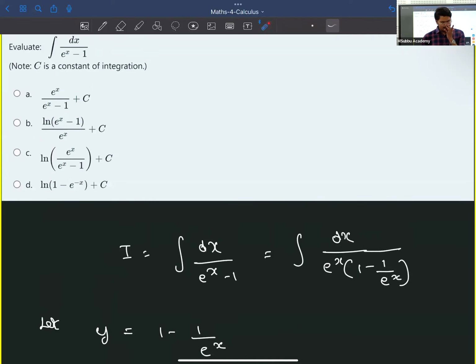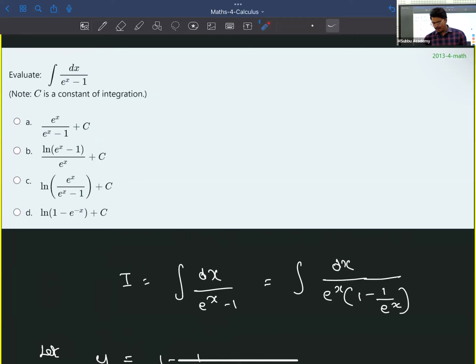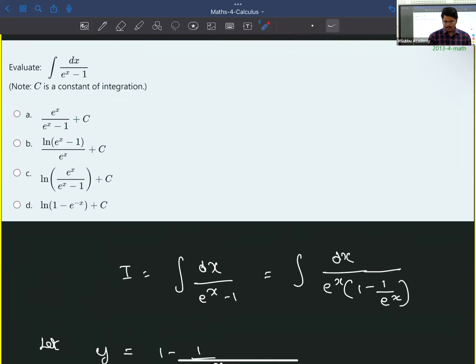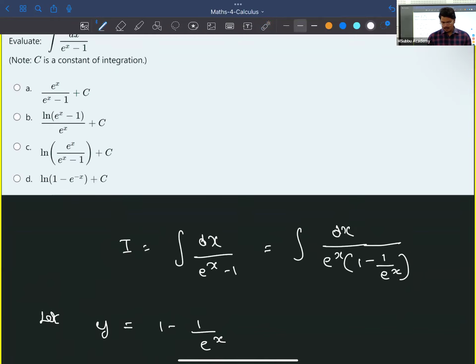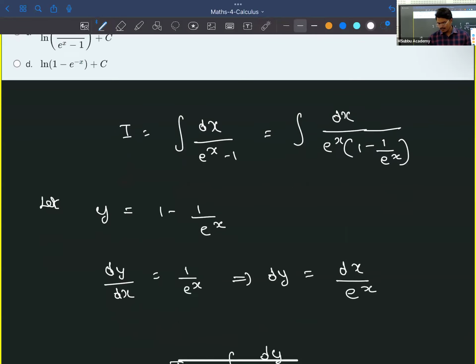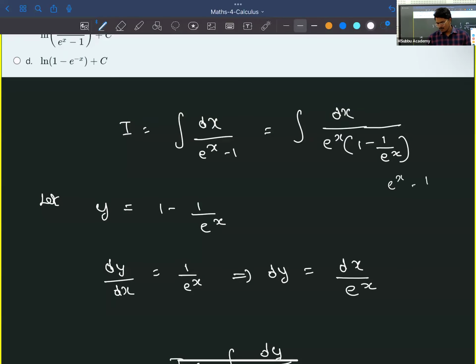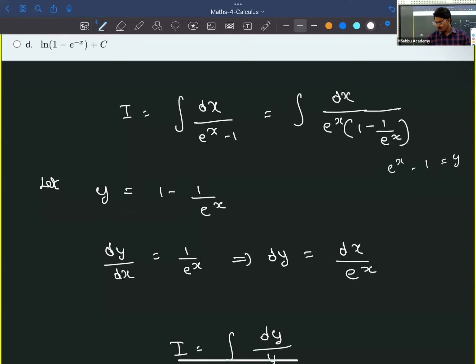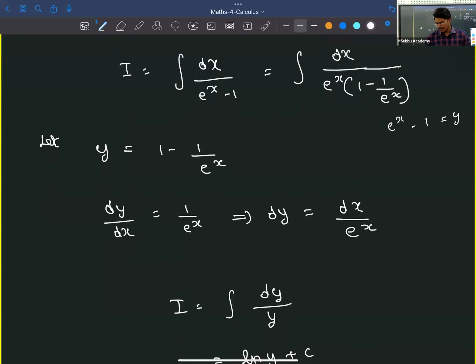Okay. You may ask me why I have taken e power x common and took the 1 minus 1 by e power x term as y. So let us take, in this case, e power x minus 1 is equal to y, okay. When you do that and differentiate, dy by dx is equal to e power x, okay.